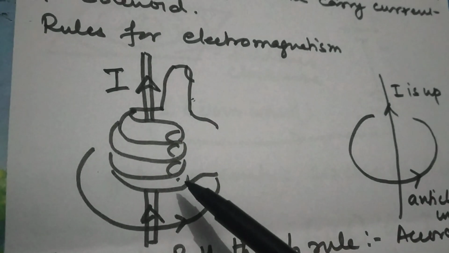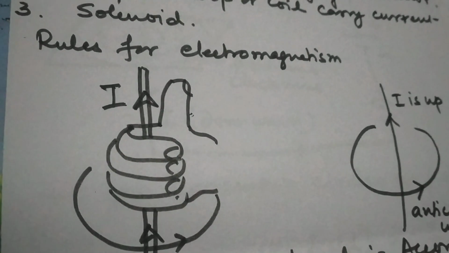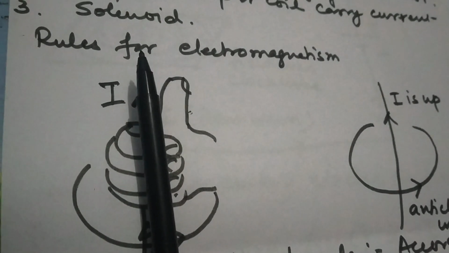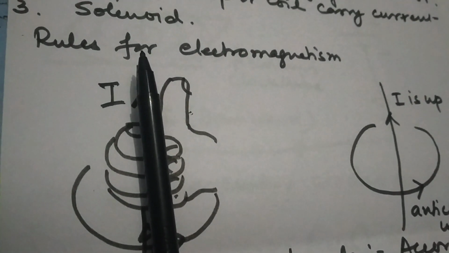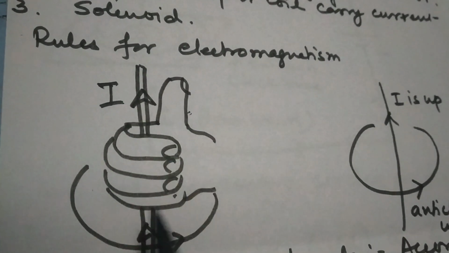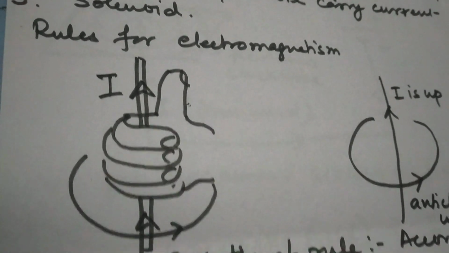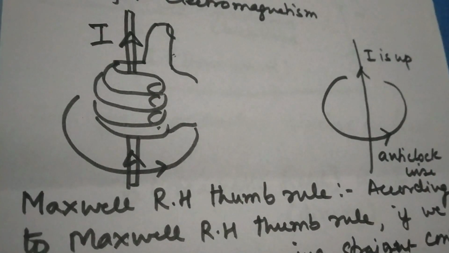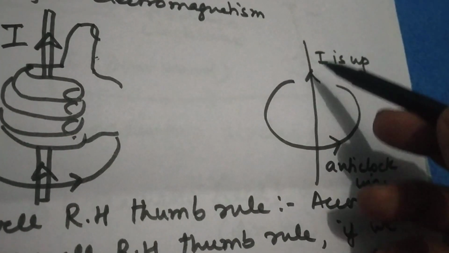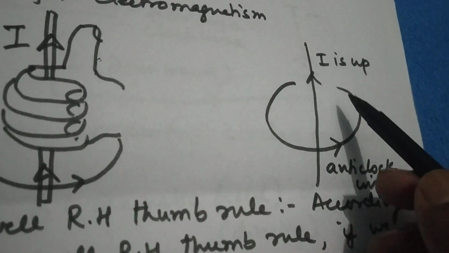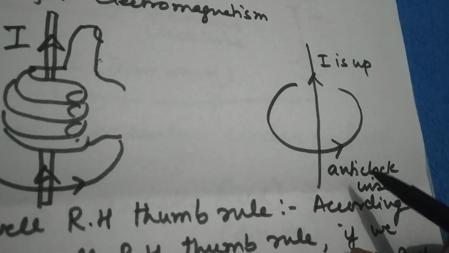So according to the rule, if you hold the straight conductor like this and the current is going up, your folded fingers, which are pointing in the anti-clockwise direction, will show the field lines. You can see here also that the current is going up and the field lines made are in the anti-clockwise direction.